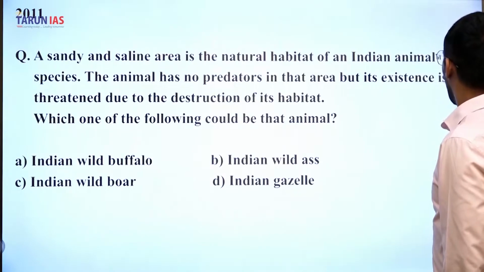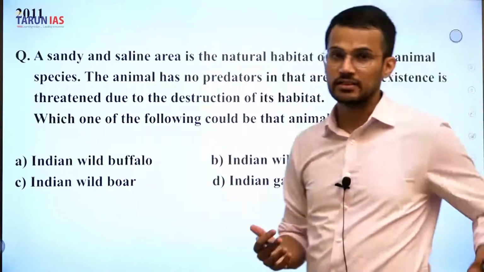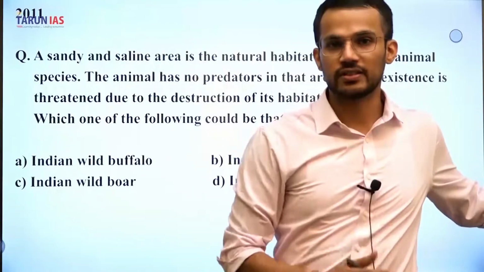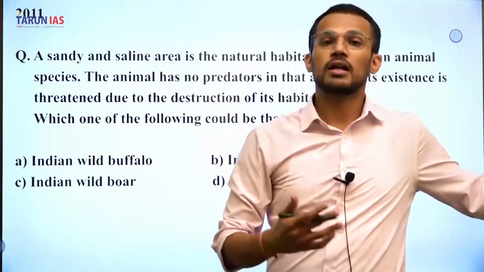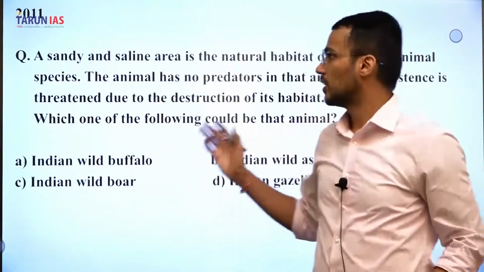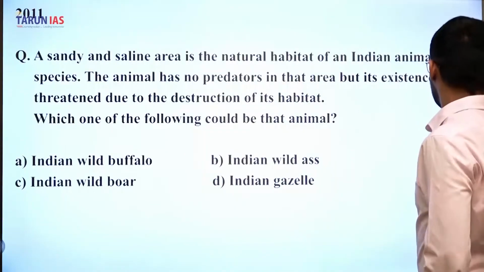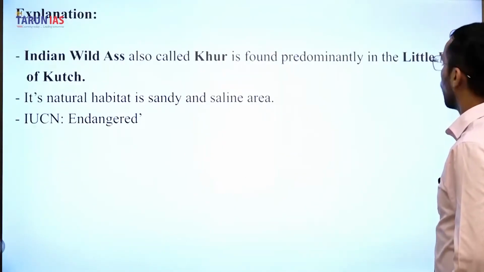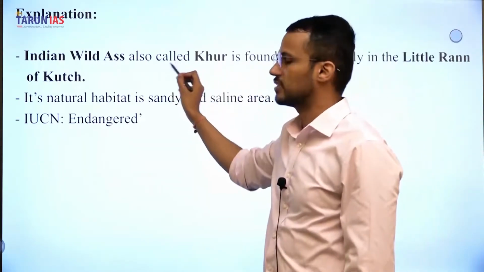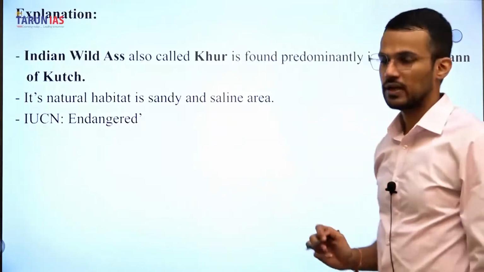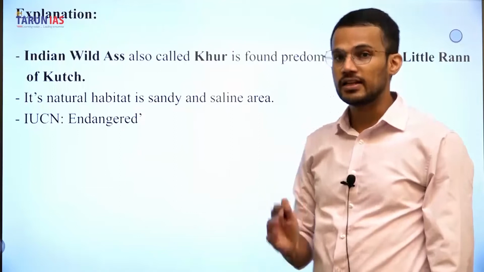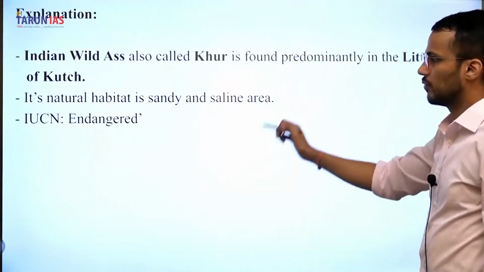And the wild ass is threatened not because of any predator or other natural reasons, but because of the fragmentation and degradation of their habitat, that means Rann of Kutch. And hence answer is B. Locally, Indian wild ass is known as khur, right? And to be more specific, their habitat is Little Rann of Kutch, right?